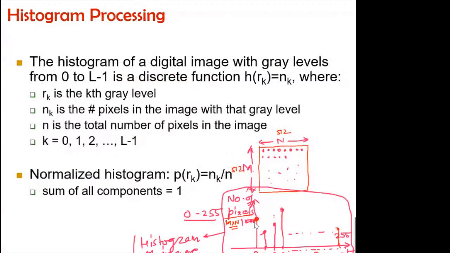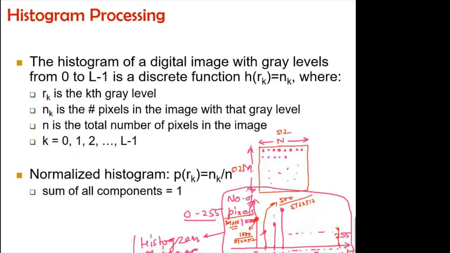This was 1000, and m into n is 512 times 512. So this value will become 1000 divided by 512 into 512. This will become 500 divided by 512 into 512. That's all, and so on.